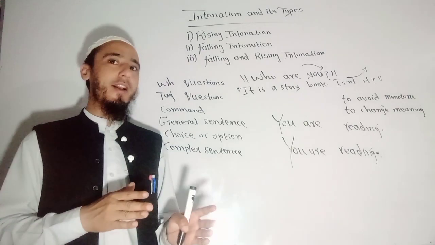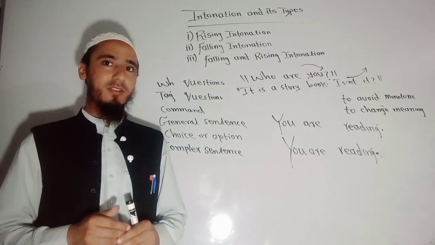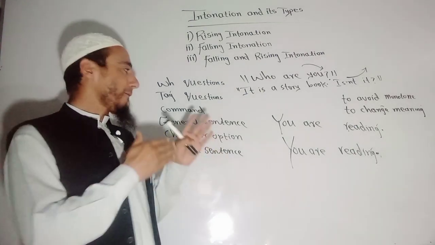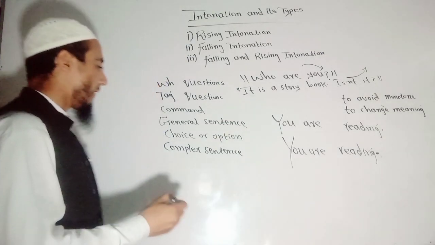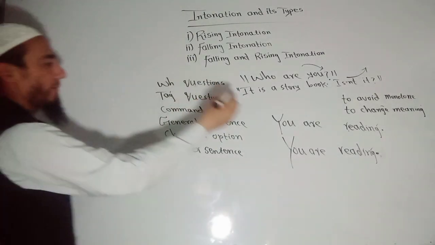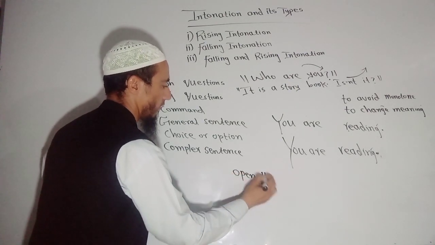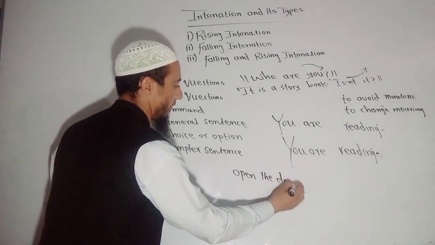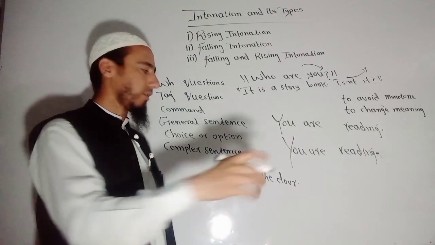But on the other hand, we have another sentence which is used to make a request. If you are making a request, then there will be rising intonation. For example, here I am writing one example. Open the door. Open the door.